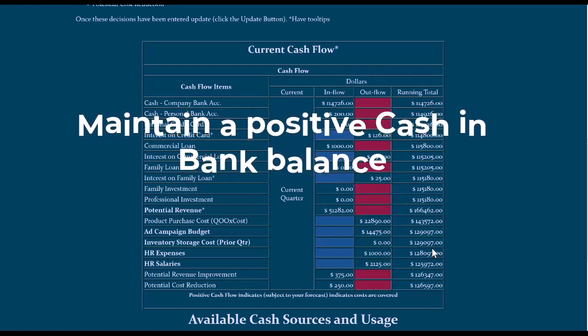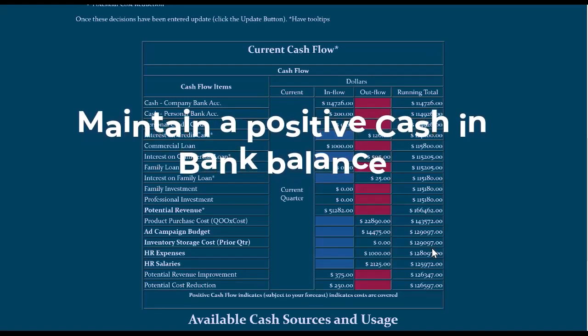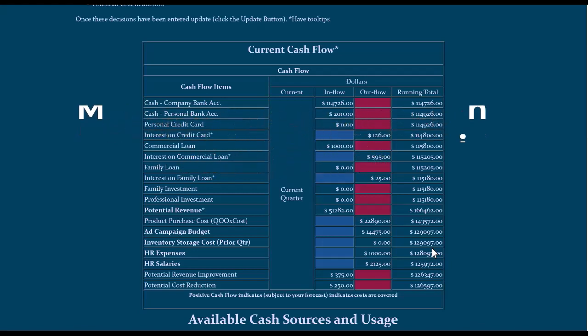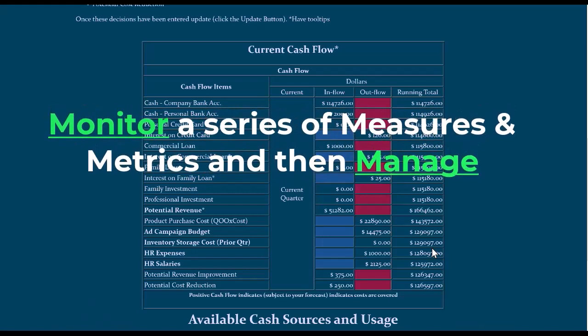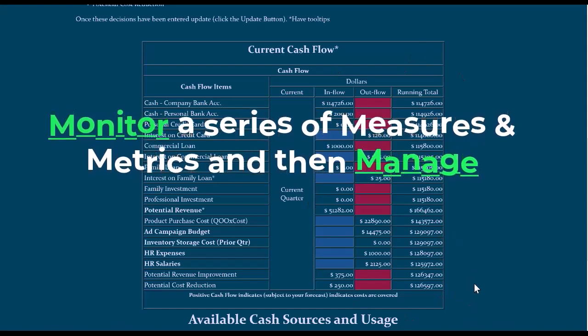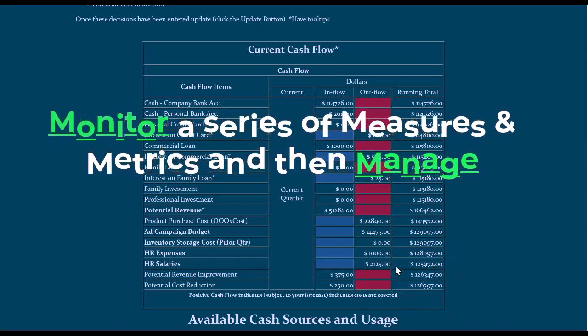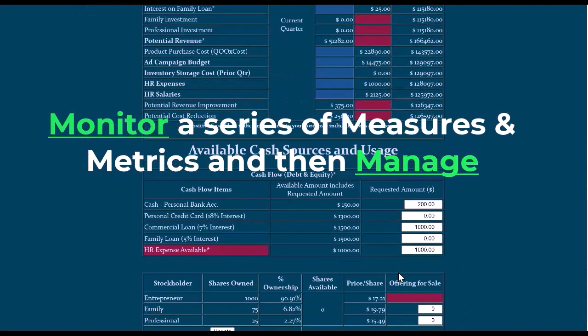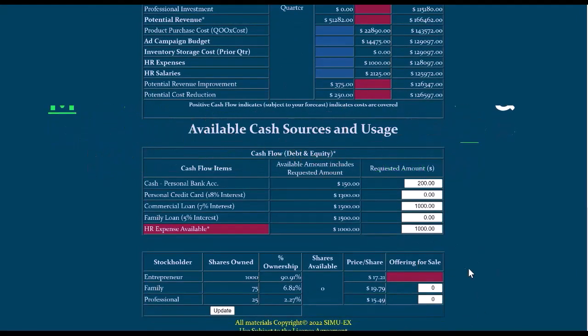And this is what you as a manager are the objectives. And remember, you monitor a series of measures and metrics, and then you manage. And so here you're monitoring your cash metric, and you're managing by deciding to take additional funds out or by dealing with equity.